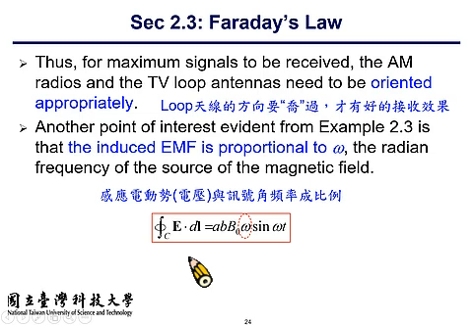And we also know that the induced EMF, electromotive force, is proportional to the loop antenna area. So AB is the loop antenna area, since it's a square loop. It is proportional to the magnetic flux density B sub 0, and it's also proportional to the frequency of the signal. The higher the frequency, the larger the angular frequency omega.